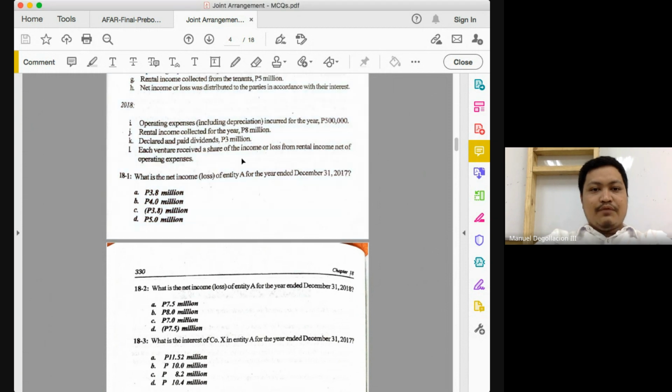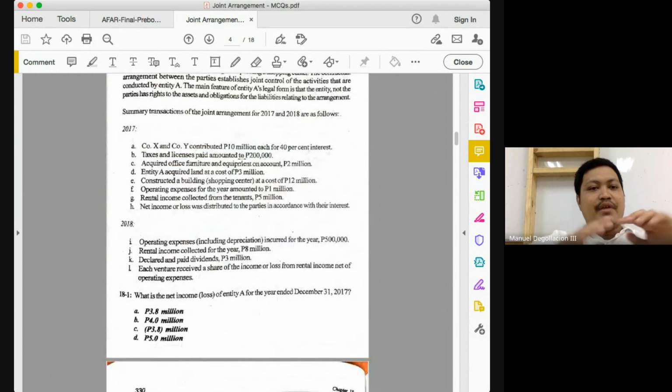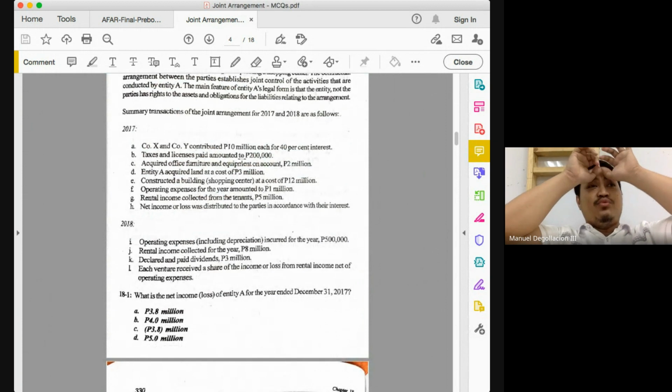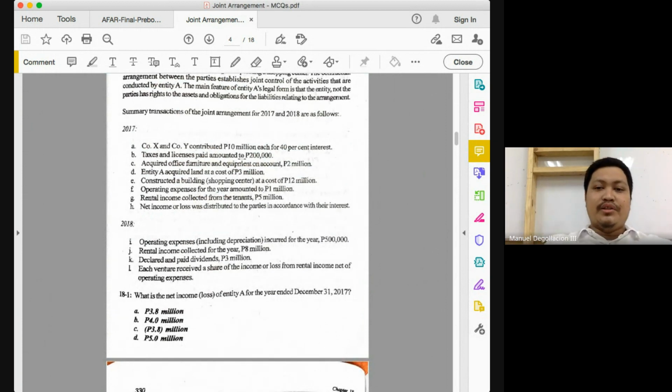Since we're asked for 2017, we will focus on 2017. And if you go over the transactions in 2017, class, you will determine that there are only a few items that will affect your net income. Now, at this point, if you still do not know how to compute for net income, then again, that would be a big problem. It's not because the topic is difficult, but it's simply because your basics are still not good.